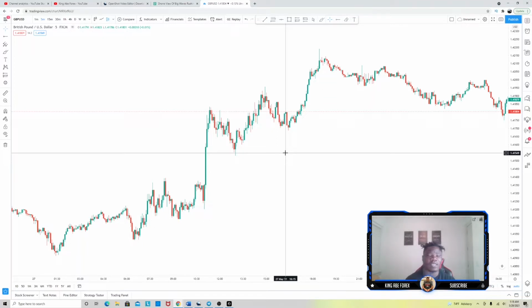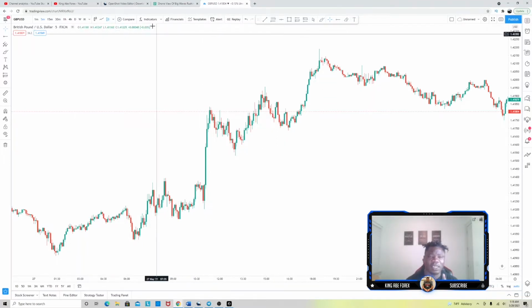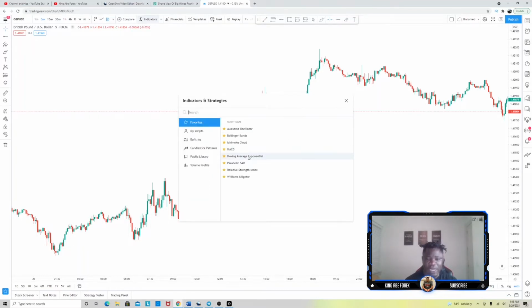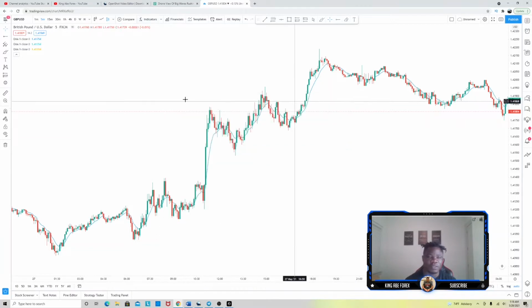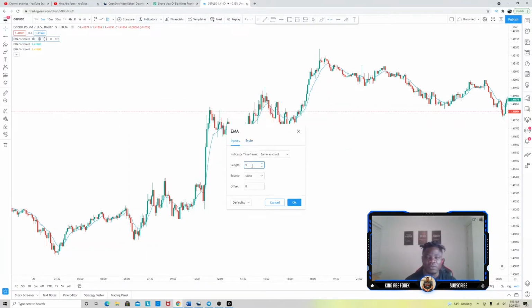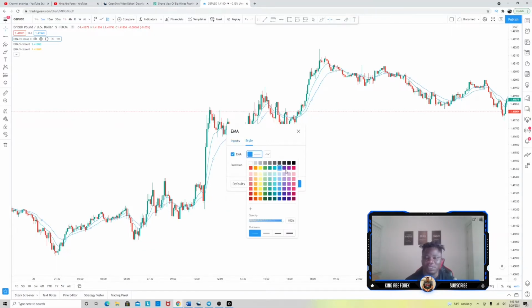Now the first indicator we're going to add for this strategy is the exponential moving average, EMA, not SMA. We need 3 of them. We're going to change the first one to 20, and for the style, just use whatever color you want.